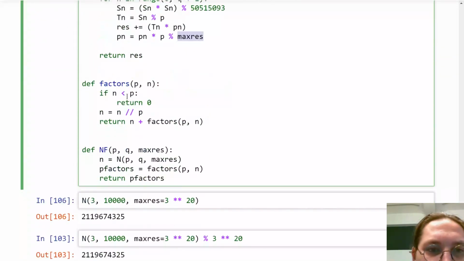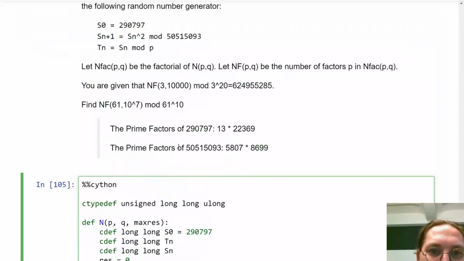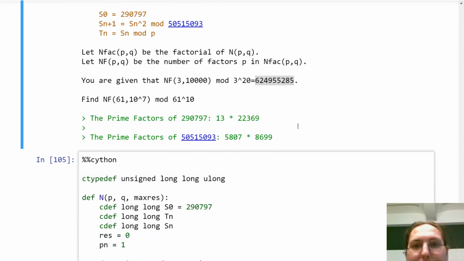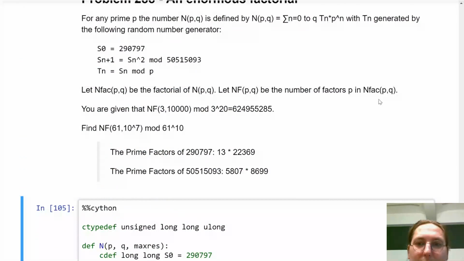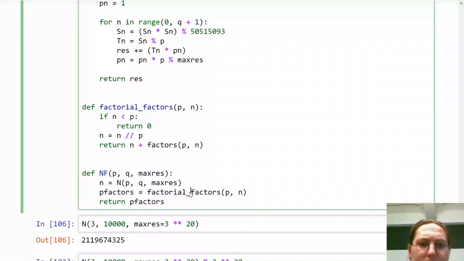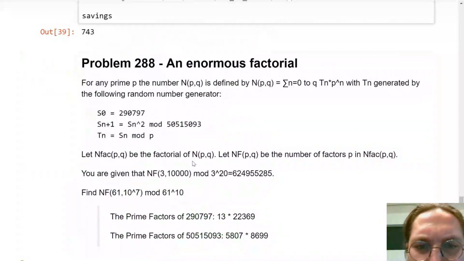Okay, this is not the factorials, this is the factorial factors, right? Yeah. Or nfac, I guess, if we want to be consistent with the names. Oh, and then we have to do nfac.